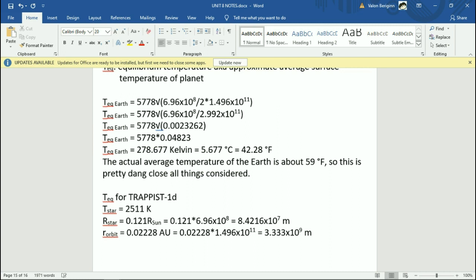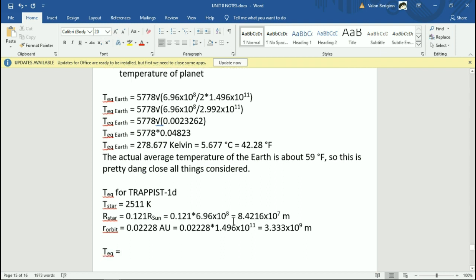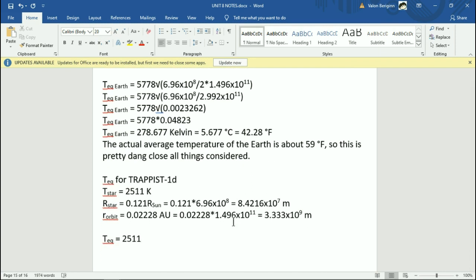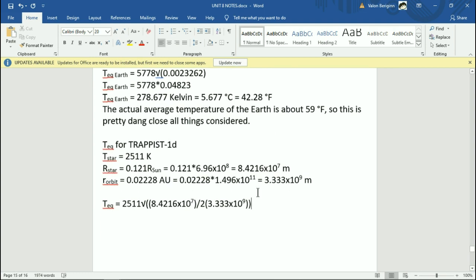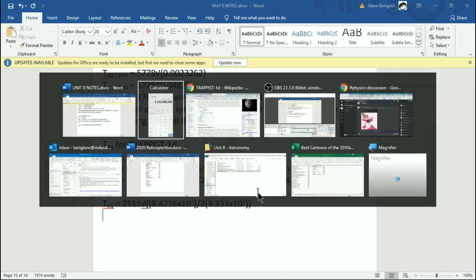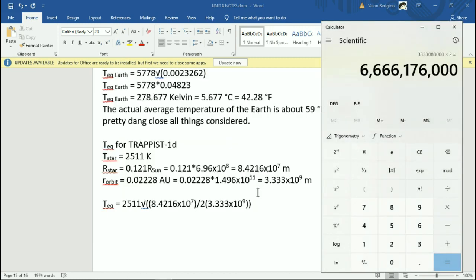Okay, so we have those numbers. Let's plug them into the formula. So T_eq equals the temperature of the star, 2511, times the square root of the radius, 8.4216 times 10 to the 7, divided by 2 times 3.333 times 10 to the 9. Let's multiply this by 2 first.